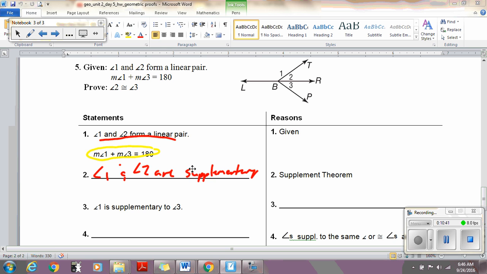But if you look on your property sheet again, you'll see the definition of supplementary that says if two angles add to 180, they are supplementary. So this is using the definition of supplementary. So you got to look at some of the key words in those properties to make sure you're writing the correct one.